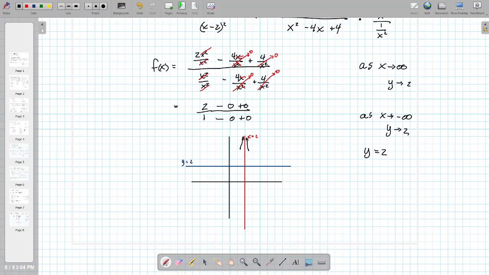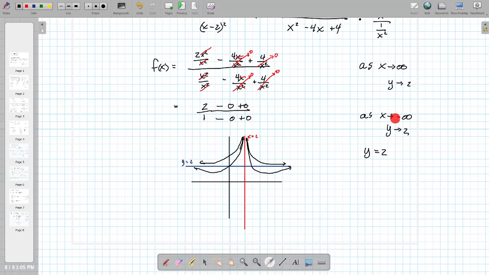So the question is, do we ever cross this line, this horizontal asymptote, like this? Or do we come down and just hover next to the horizontal asymptote? Because remember, as x gets very large, going to infinity, we are going to be approaching this line. Our y value is going to get closer and closer to y equals 2.